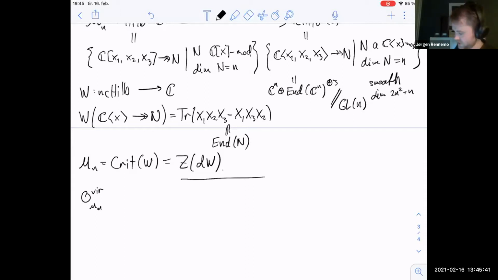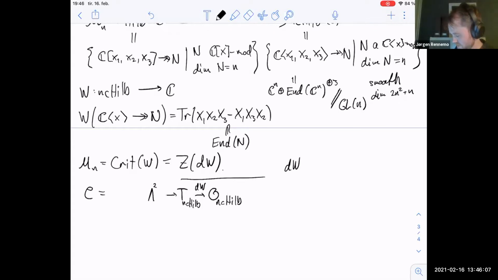So let me do this in stages. Let me first write down the Koszul complex associated with this one-form.